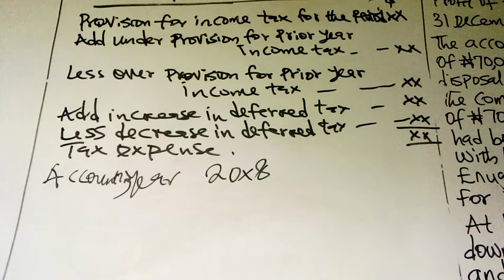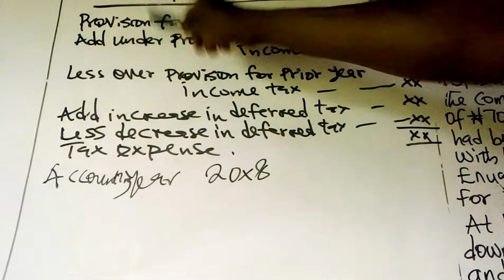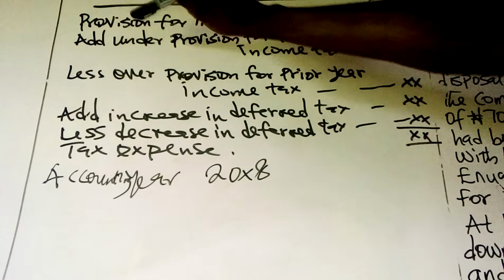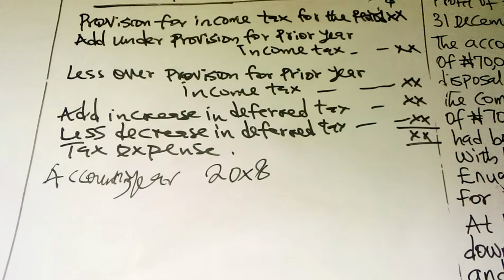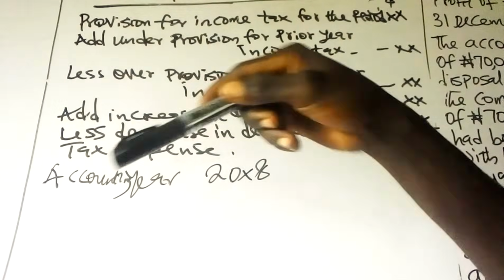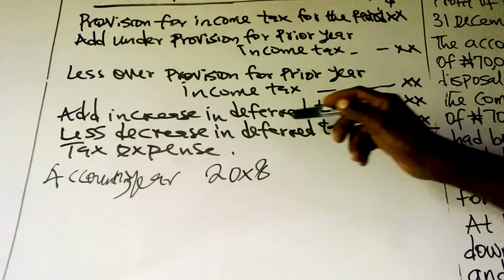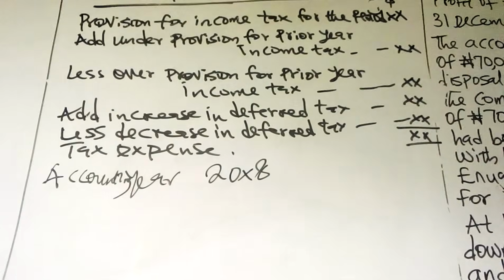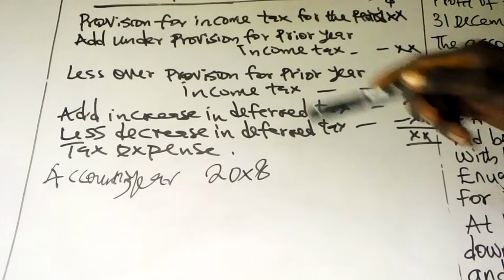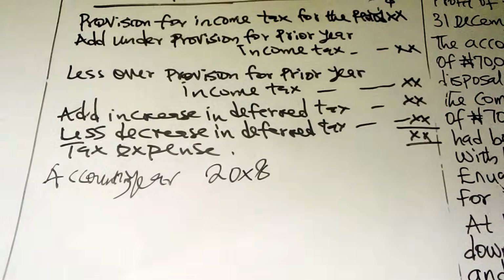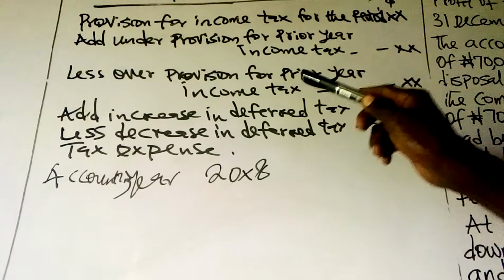I want to note that in your trial balance, under provision for prior year tax will be at the debit side. If you are given the final accounts and you want to prepare the statement of profit or loss, the under provision will be at the debit side of the trial balance, while over provision should be at the credit side.